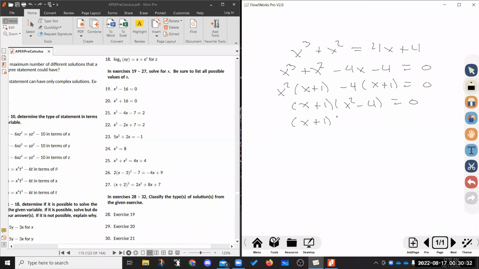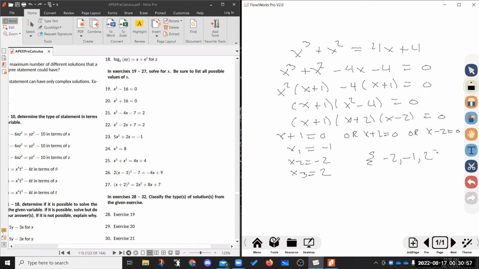That's x plus 1, x plus 2, x minus 2. That means x plus 1 equals 0, or x plus 2 equals 0, or x minus 2 equals 0. So my first answer is negative 1, my second answer is negative 2, and my third answer is positive 2. Let's write them in ascending order: negative 2, negative 1, and 2.